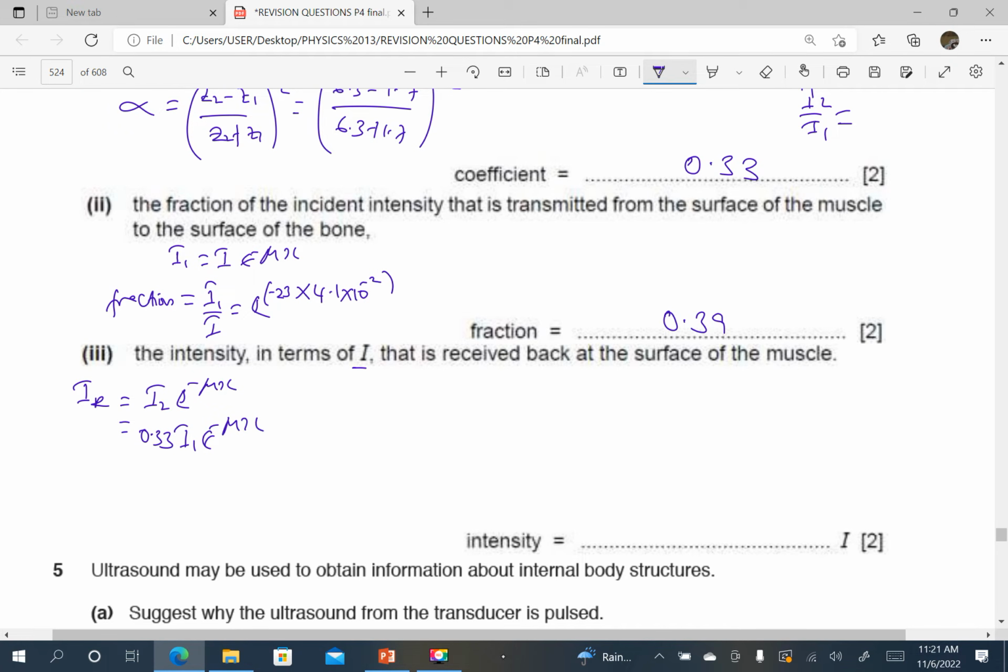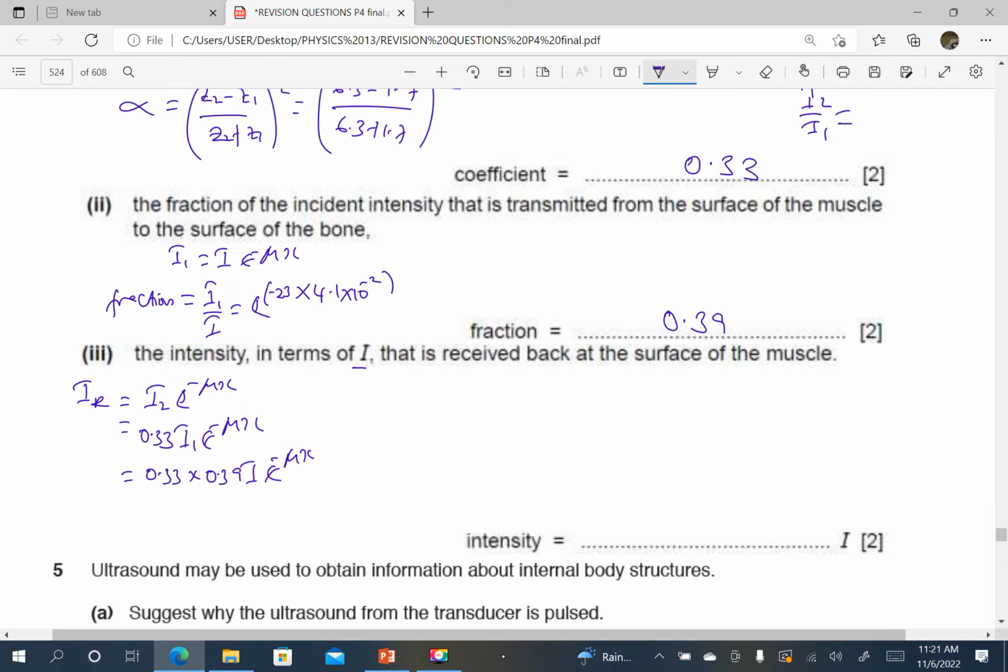But again, remember, I1 is equal to 0.39 times I. So this is 0.33 times 0.39 times I, then e power negative mu x.